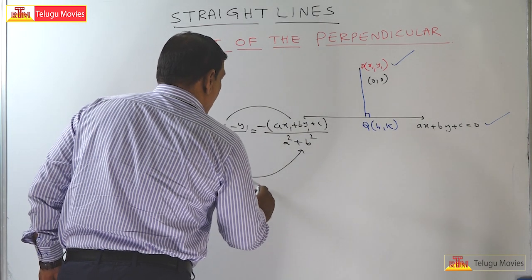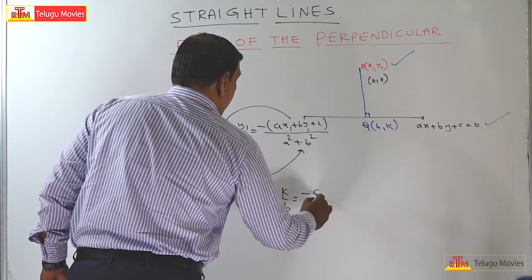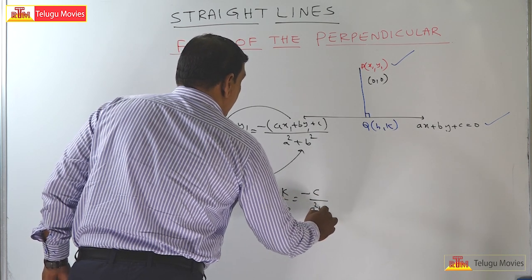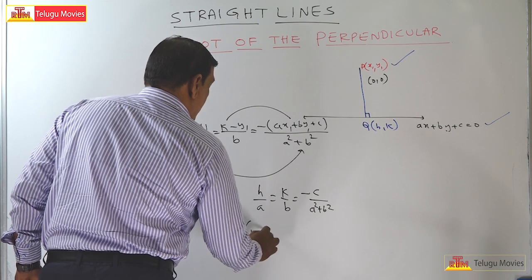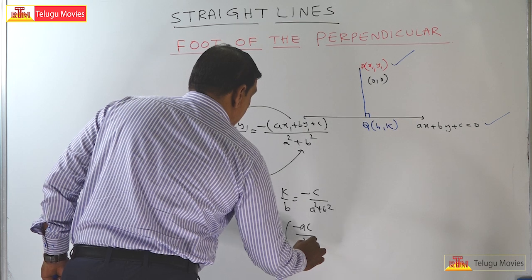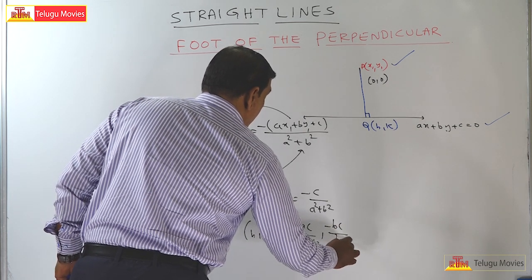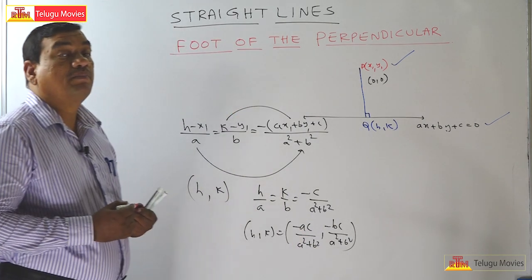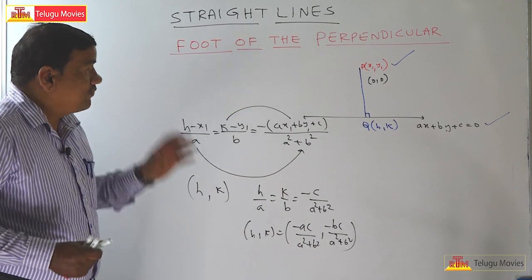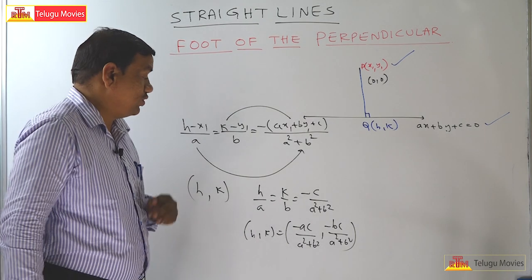So h/a = k/b = −c/(a² + b²). Your (h, k) will become (−ac/(a² + b²), −bc/(a² + b²)). This will be the foot of the perpendicular from the origin.